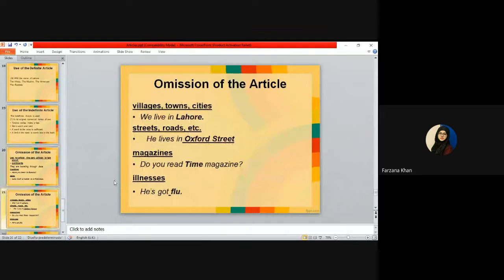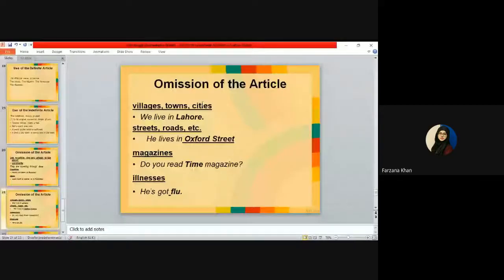So there are certain other things where you need to avoid the use of articles. With the name of villages, towns, and cities, there is always zero article. It means omission of article. Don't need definite or indefinite article here. For instance, we live in Lahore. Lahore is only Lahore.